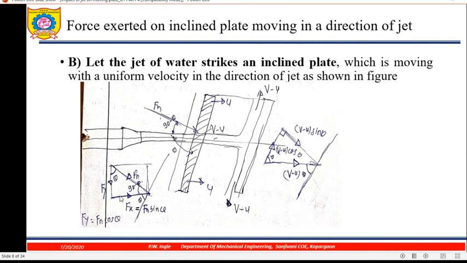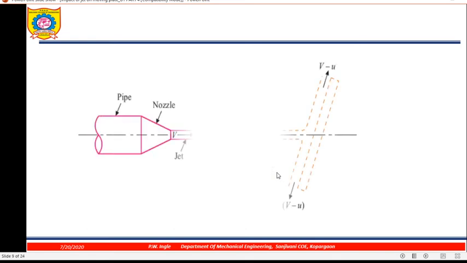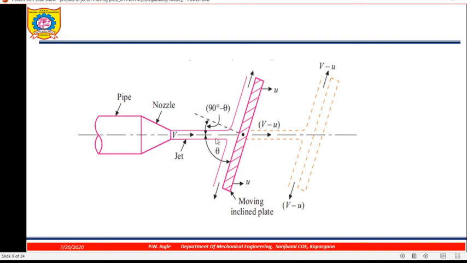This is theta, the angle between plate and jet, so this will be 90 minus theta. This is the Fy component and this is the Fx component. Similarly, you can have components of v minus u: this is v minus u cos theta, and this is v minus u sin theta. I want to know Fn, then Fx and Fy. This is the inclined plate which is moving.